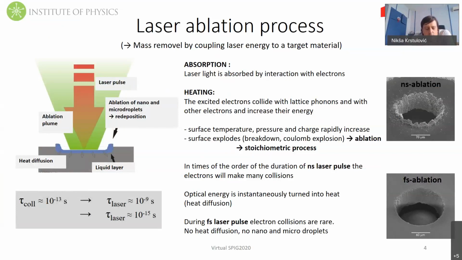Because electrons leave the target, there is also accumulation of positive charges, which actually results in Coulomb explosion. So this is a very energetic process, and we know that ablation is a stoichiometric process. That means that the stoichiometry of the target is reflected in the stoichiometry of the plasma.